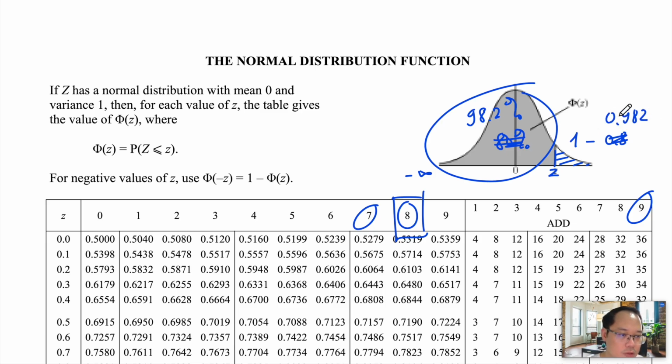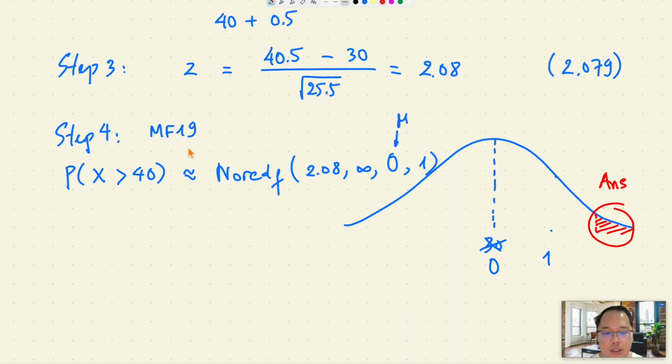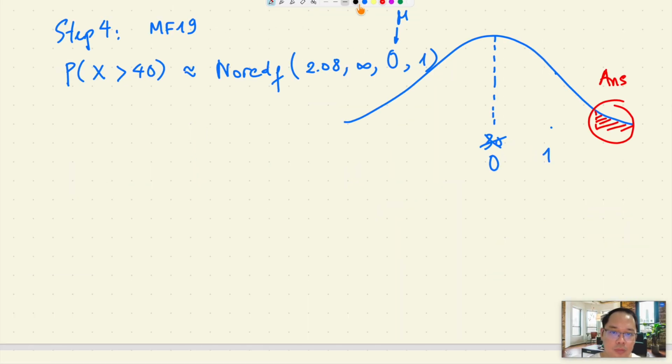We check the value, if I remember correctly, 0.9812. Okay, so now let's do the conclusion.